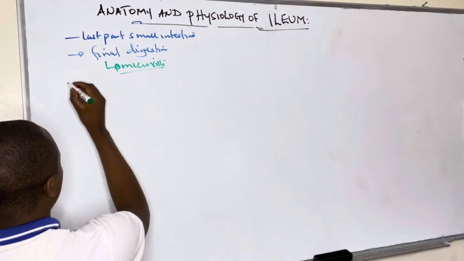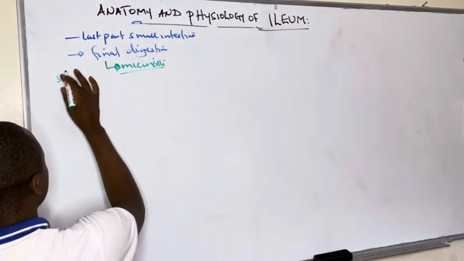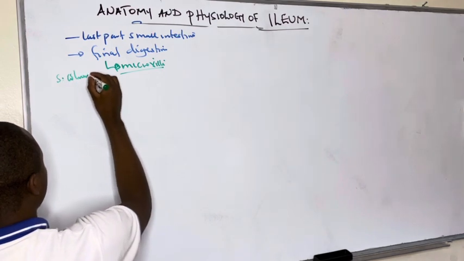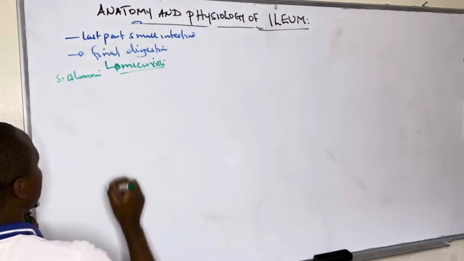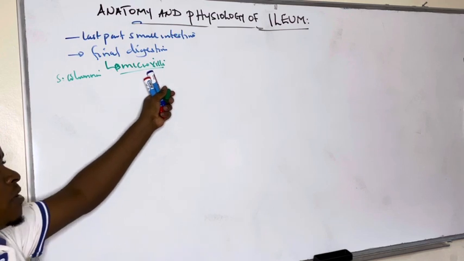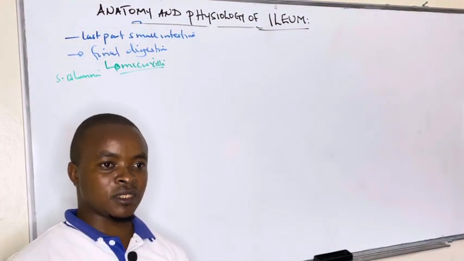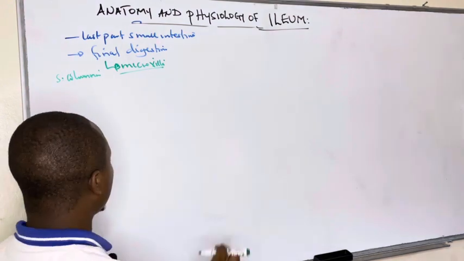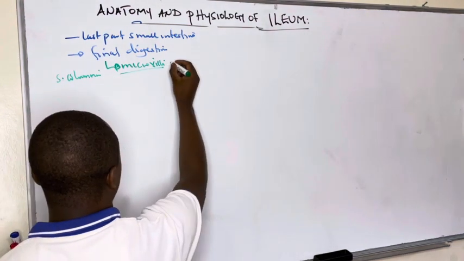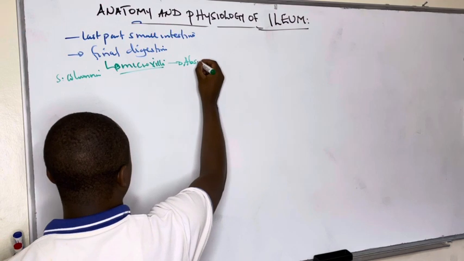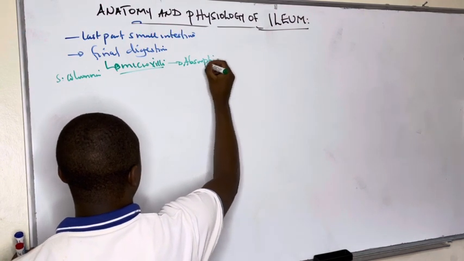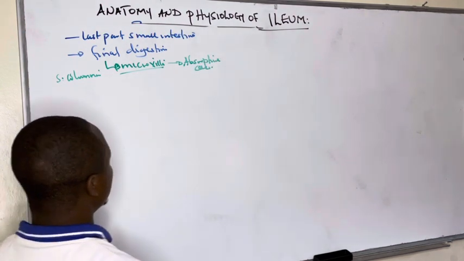These microvilli are from the simple columnar epithelium. And this simple columnar epithelium has the villus, which are the absorptive cells. So microvilli are from the villus, and these are the absorptive cells. They are the ones that absorb food nutrients.